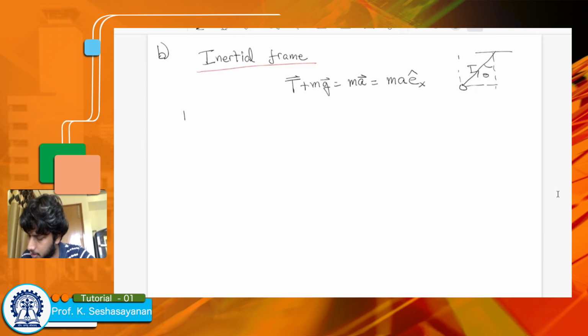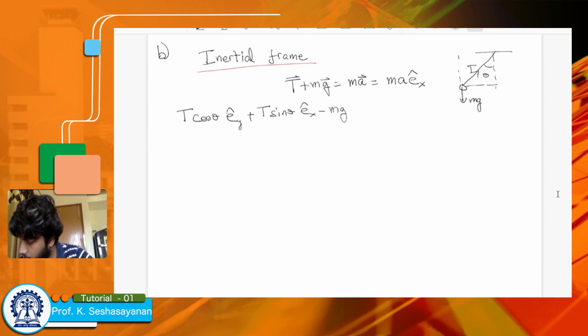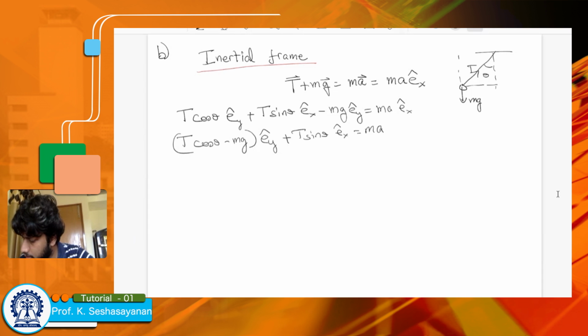So T vector is T cos theta along the y direction plus T sin theta along the x direction. And gravity is acting in the minus y direction, so we write minus mg ey hat, which should be equal to ma ex hat. So this is T cos theta minus mg times ey hat plus T sin theta times ex hat should be equal to m times a ex hat.